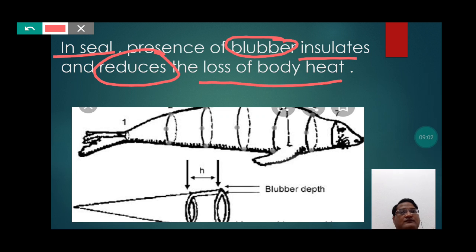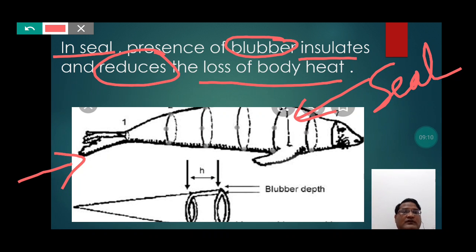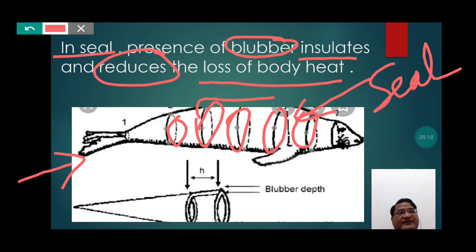So students, let's understand the concept of blubber in the seal. This is a seal, and in this seal you can notice here that the diameter of the blubber is quite high in this particular area.